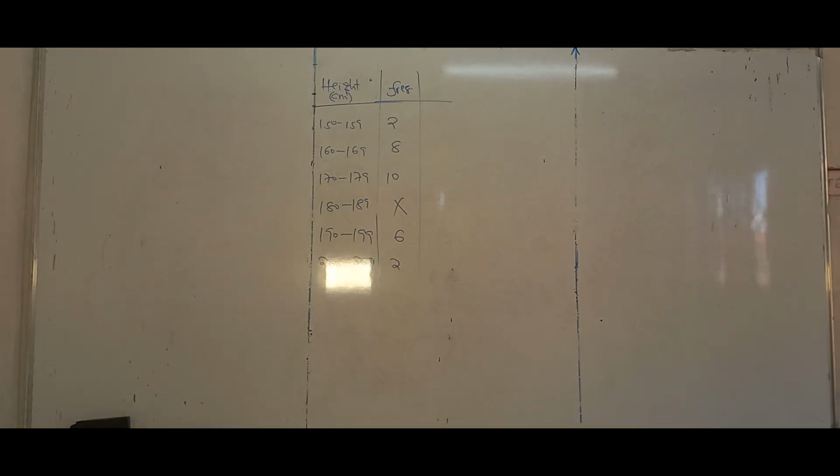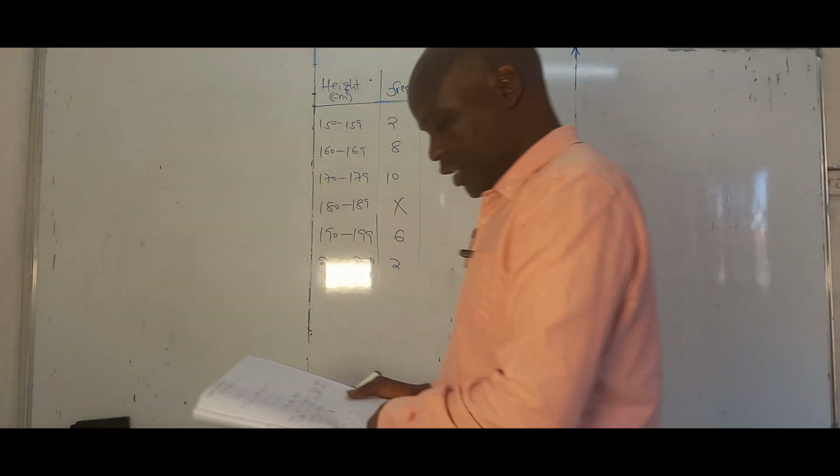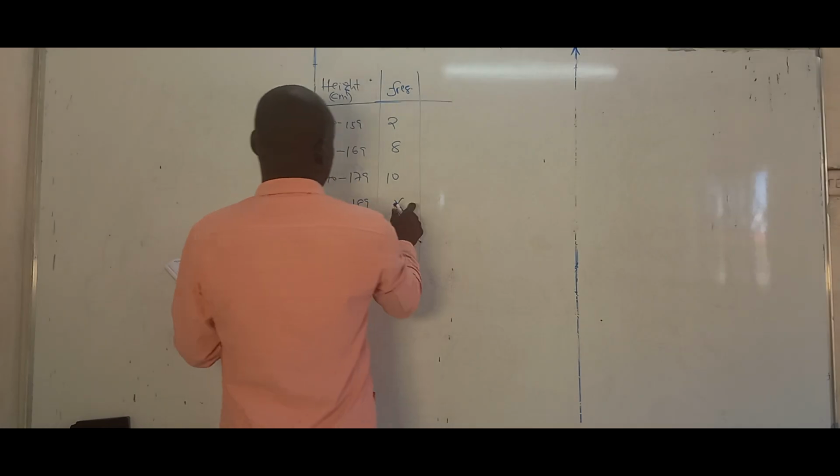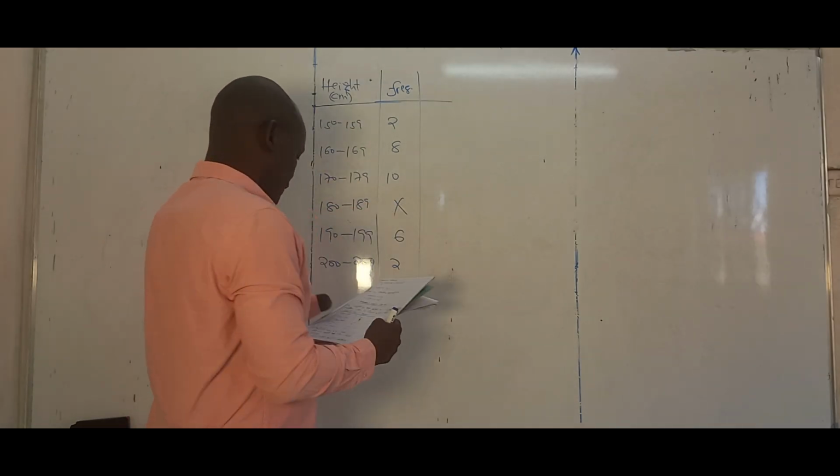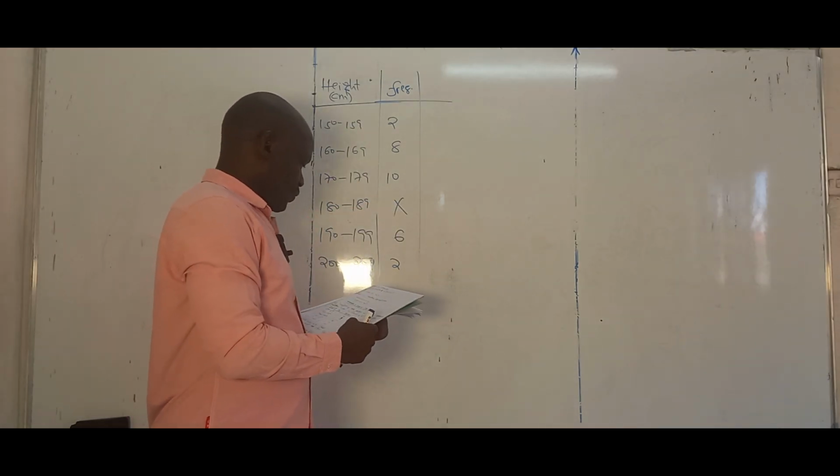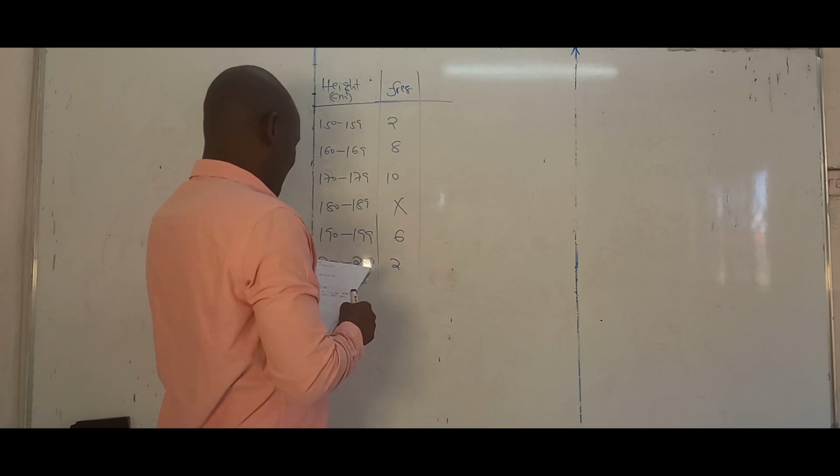Then the question is to find the value of x. We need to find this particular value. We are told the heights of 40 athletes in a county.